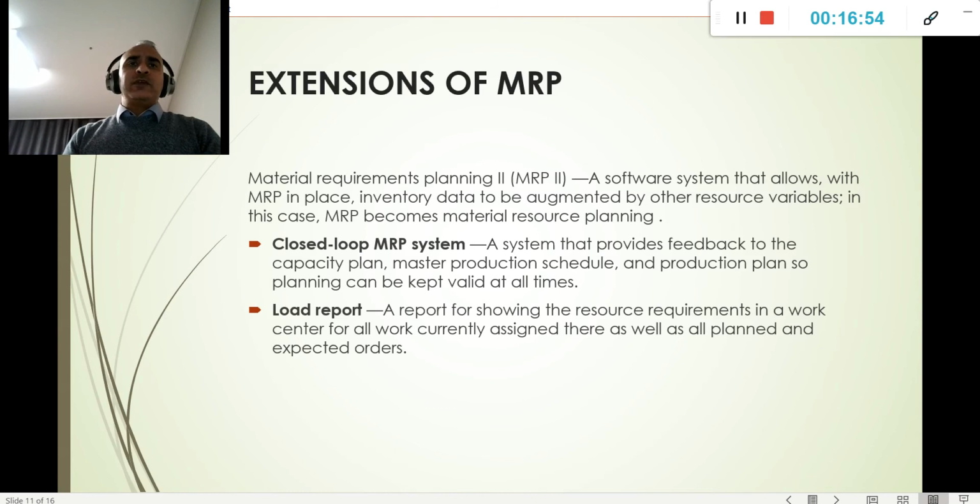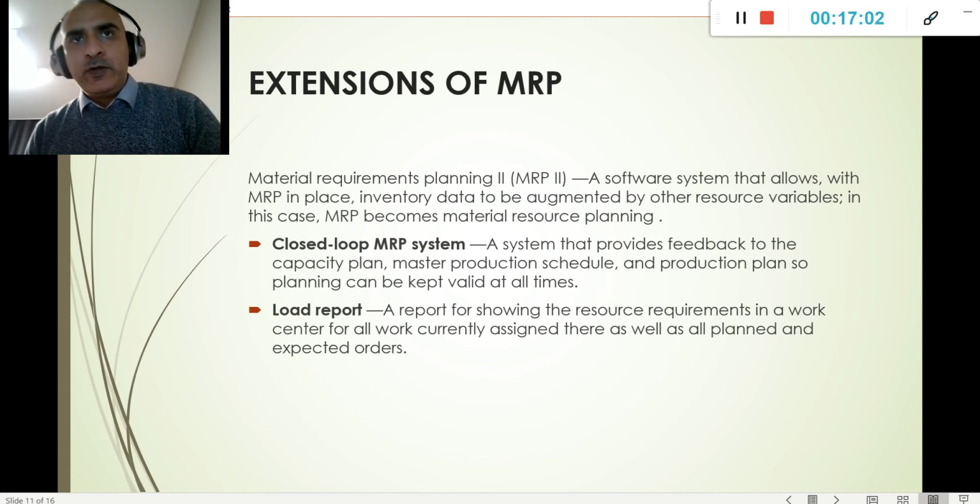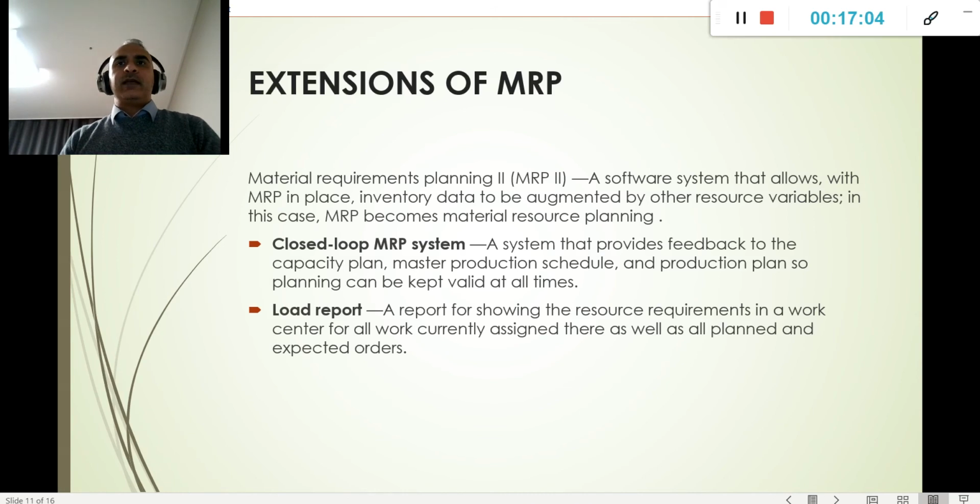And then, of course, we have the load report, which is a report showing the resource requirement in a work center for all work currently assigned, right? So in this case, we look at resource requirement by work center, and this goes together with the fulfillment and the purchasing. We have to let other departments know when they have to get the materials and so on.